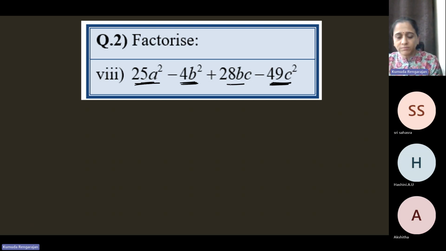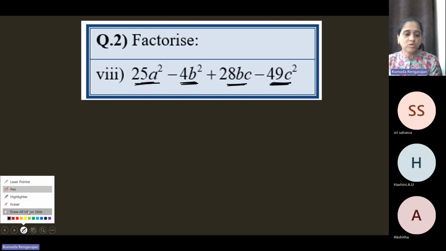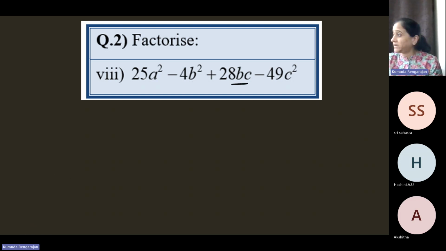What about this term? 28bc. So here, what you have to do is treat this like a middle term, 28bc. This term has b and c, right? So you should take this term along with the b squared term and the c squared term because it has bc in it, right? That's the clue. So take this term and group it with the terms that have b squared and c squared. So the first step is like this.